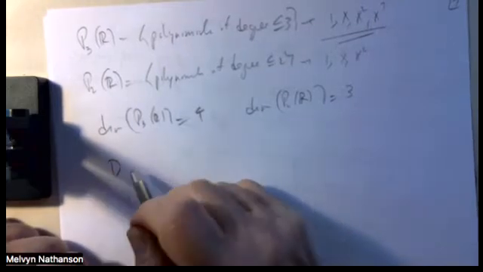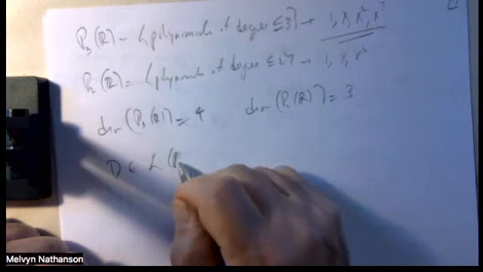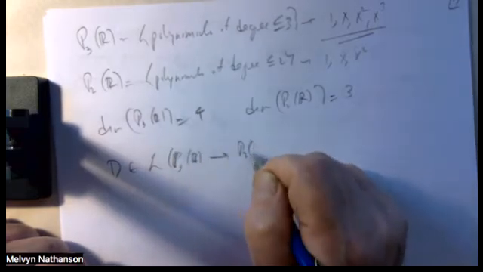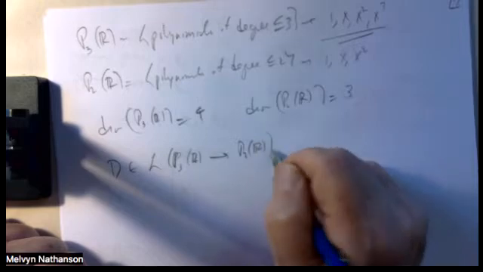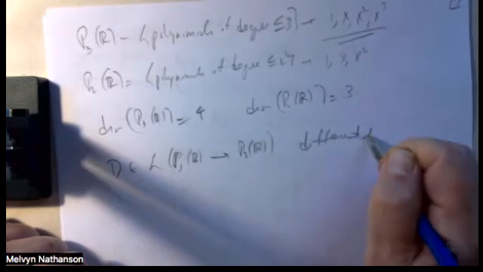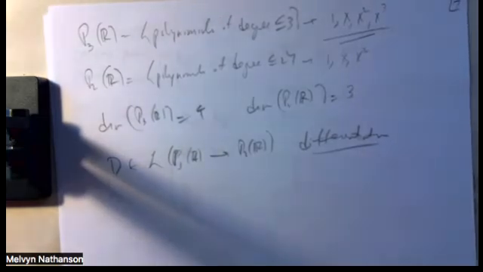And suppose we take D, the linear map from P3 of R to P2 of R, to be differentiation. We already showed, actually learned in calculus, that differentiation is a linear map.